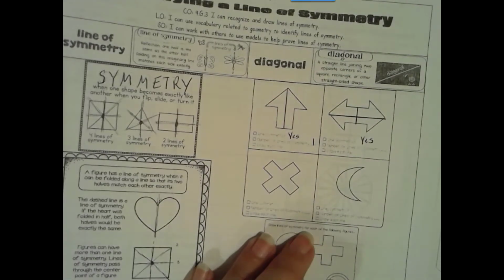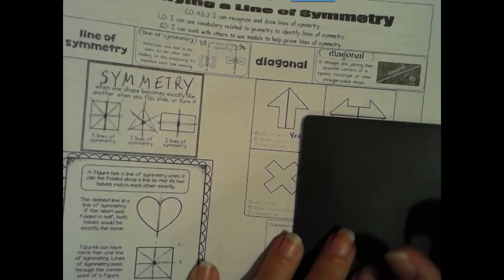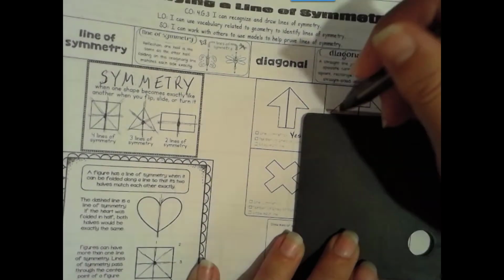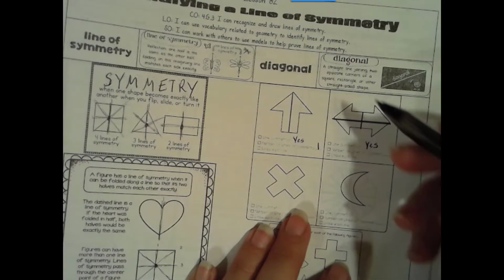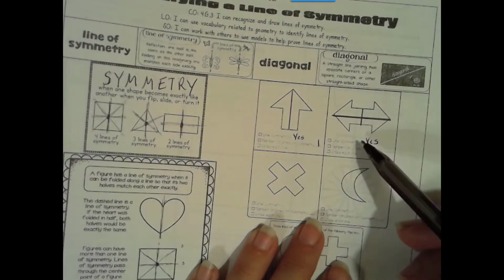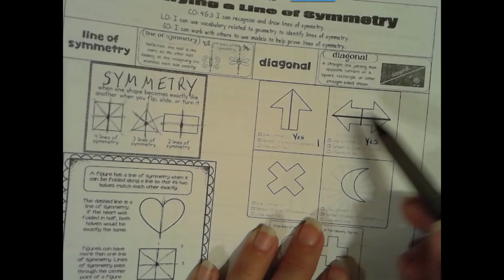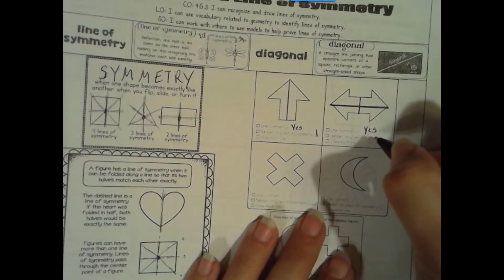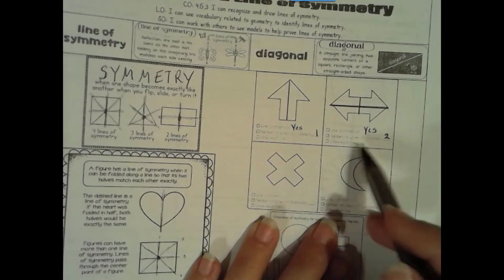Could I fold across that horizontal line? Mine's a little bit off, but if you drew it in the right place, it should reflect perfectly across the horizontal. What about diagonals? No, those wouldn't reflect across perfectly, so we have 2. And then the last one just says draw them, which we already did.